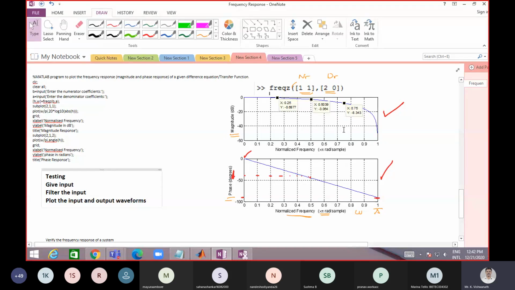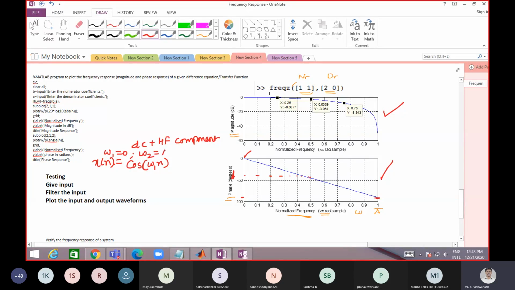Therefore, what we will do, we will give an input like this. Let that input signal be in this form. It is made up of a DC component plus a high frequency component. That is, let this be cos omega 1 n, so let omega 1 equal to 0 and let omega 2 be pi.